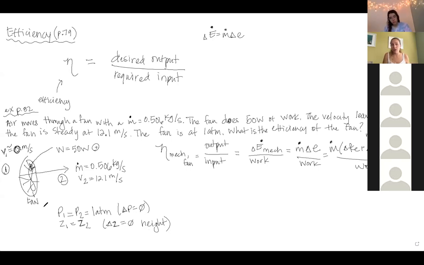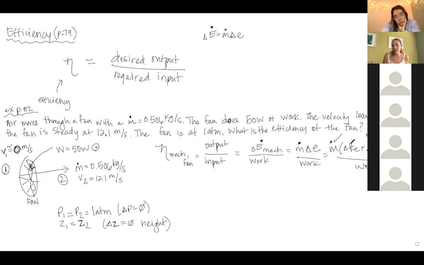And we already know our change in velocity because it's 0 to 12.1. We know our mass flow rate because we're given that value, and we know the value for work. So is there anything missing from the equation, or can we plug and chug? So there's nothing missing, right?